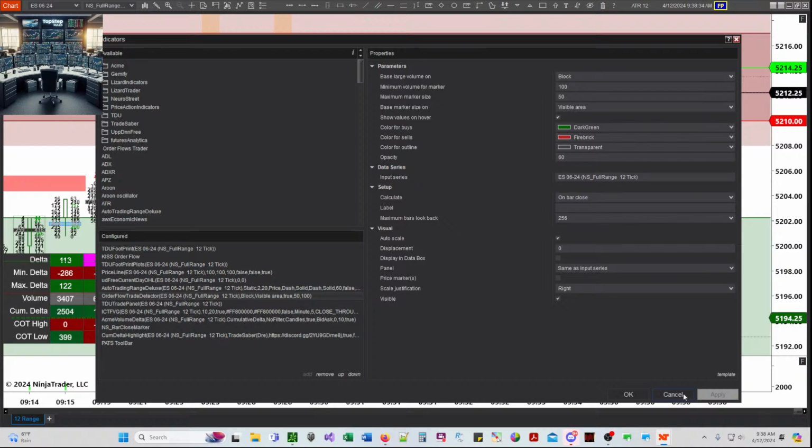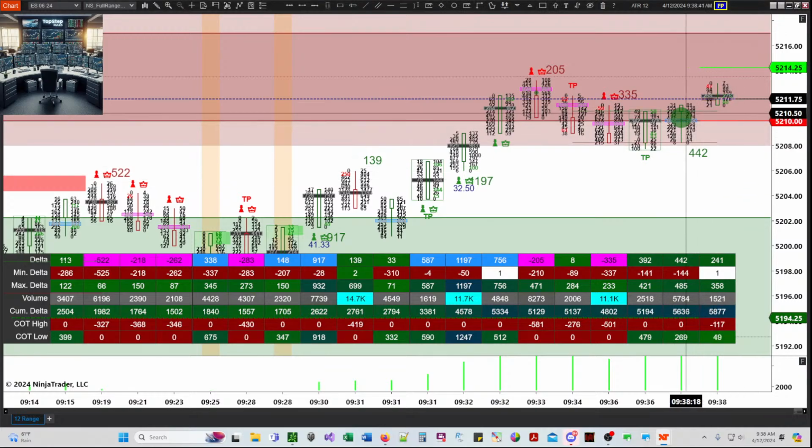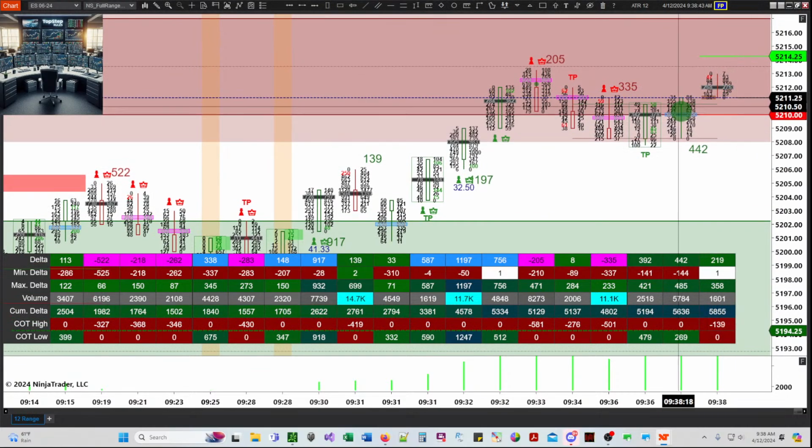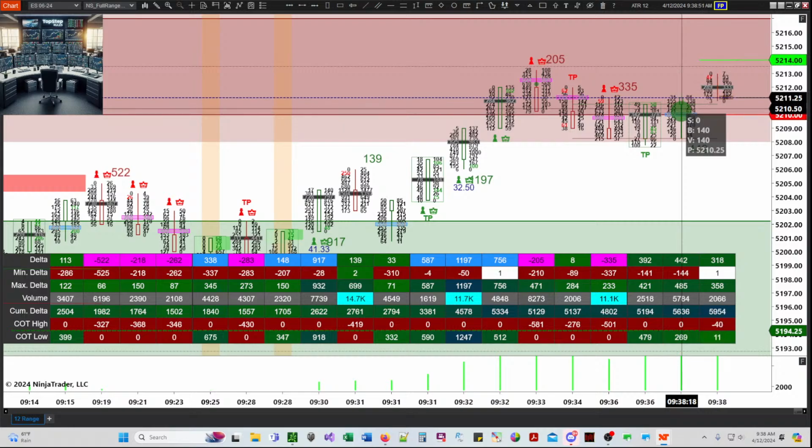So when you see 100 block size and volume trade, that's when that ball pops up. So I guess it's more buyers. And when you hover your crosshairs over the circle, you see buys 140, and it gives you the price at what that buy was done at, 52.10 and a quarter.